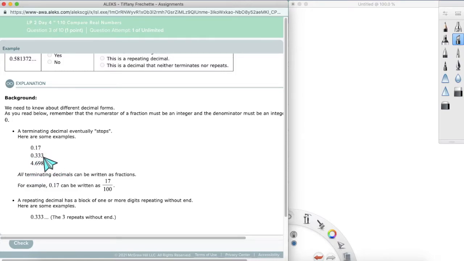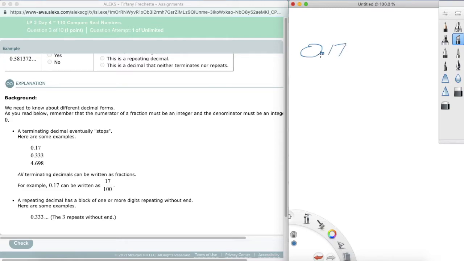It doesn't keep going. So when you have a terminating decimal, what we do is we just count. How many times do I need to move this over to make it an integer? So then I can write this over here. I'd need to go 1, 2, like that. So I did 17, and the number of times I move is important because that's how many zeros I put in. So it's 17/100.